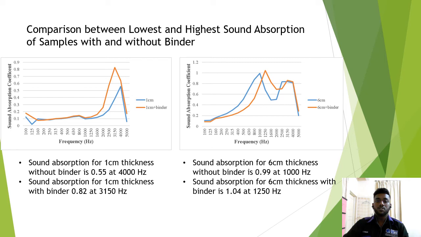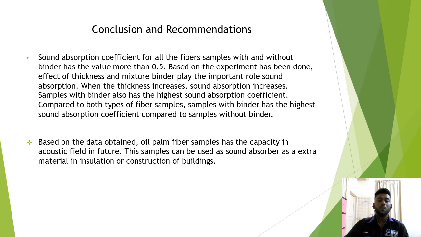For 6 cm thickness without binder, it is 0.99 at 1000 Hz, and with binder it is 1.04 at 1250 Hz. A sound absorption of 0.5 is considered good sound absorption.